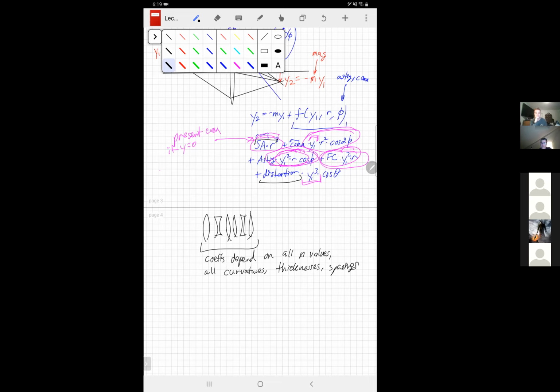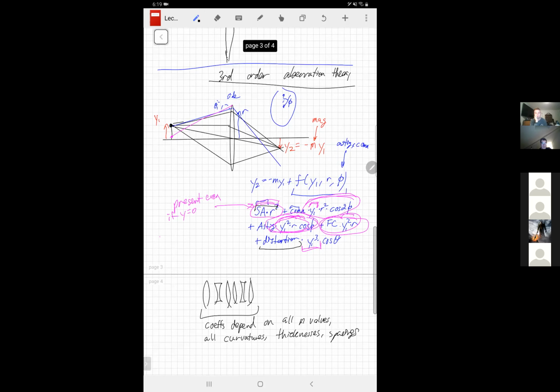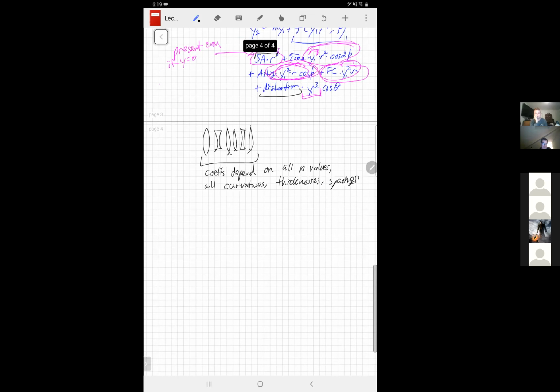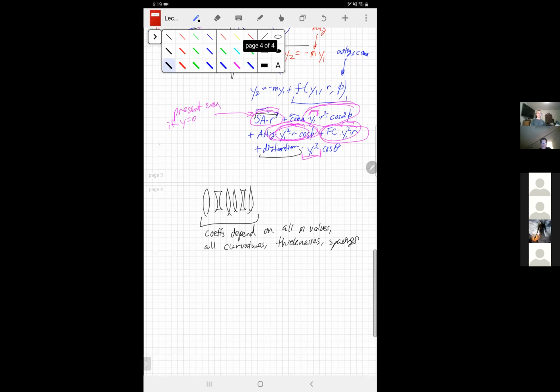All of these coefficients, the more lenses you add, the more elaborate those expressions are. They could fill an entire page. I produced a very long Mathematica file just trying to calculate the spherical aberration and coma coefficients for a fairly thin lens. They would be expressions that depend on all of these variables, and you're trying to pick the combination of variables that makes these coefficients as small as possible.